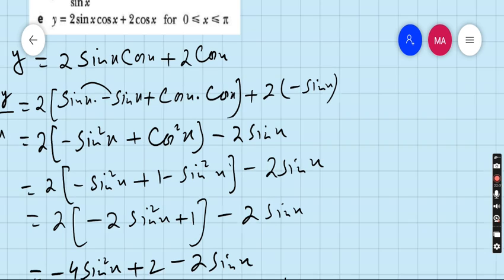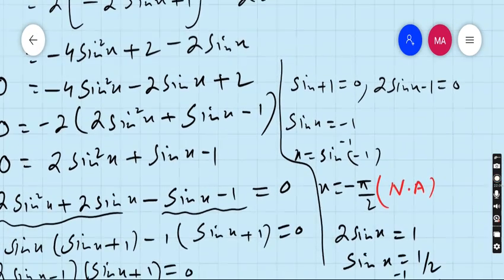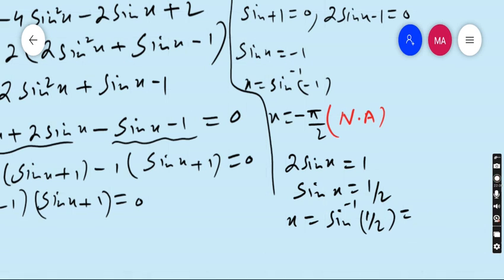Our domain is from 0 to pi. So we have two angles. One is pi by 6, and the other is 5 pi by 6.